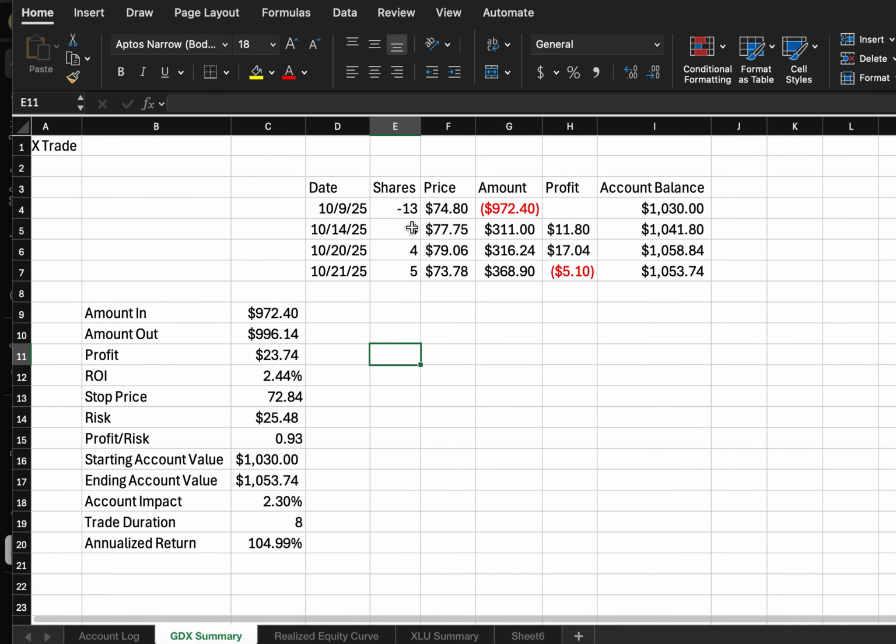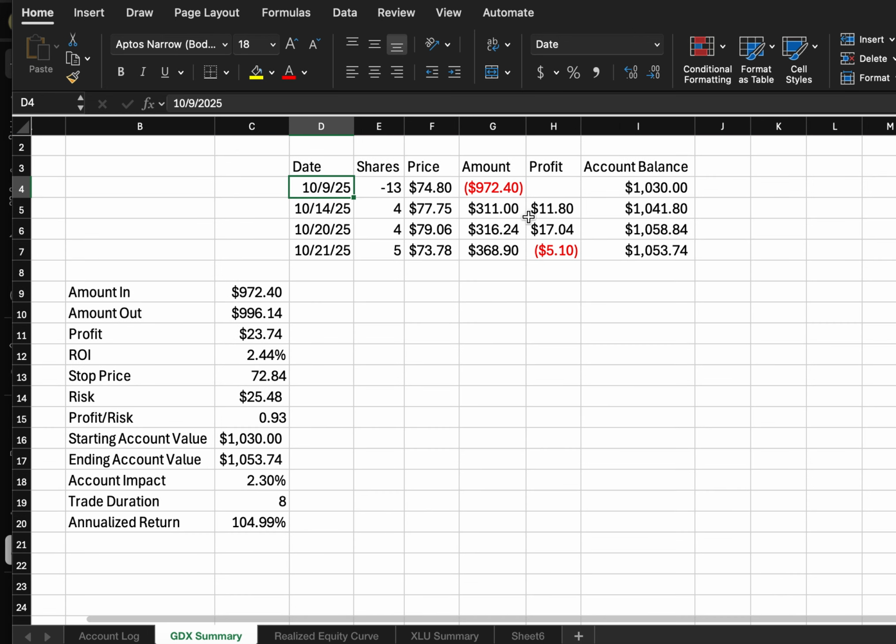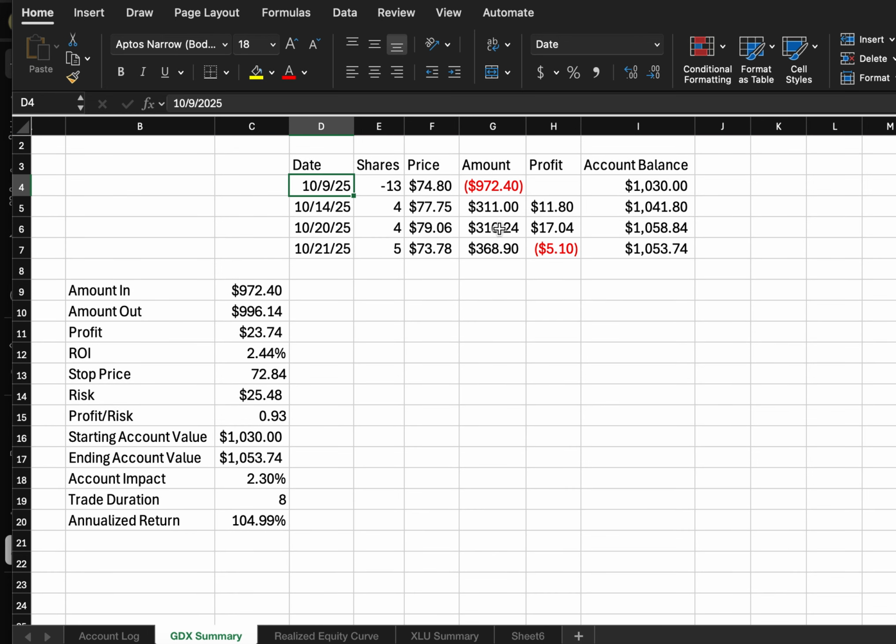So here's the details. I bought on October 9th 13 shares at $74.80, so my purchase price was $972.40. Then on the 14th, I sold 4 shares and made a profit of $11.80.